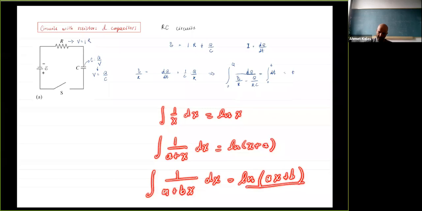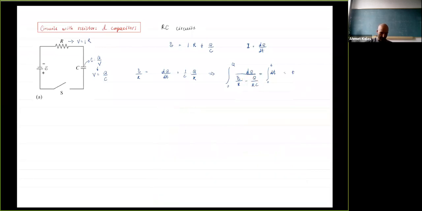To get rid of that, I need to divide everything by a. So the only integral here is ln. You can manipulate this integral in different ways to get what you have here. And here, for example, the a, the constant in front of x, is going to be this guy, right?